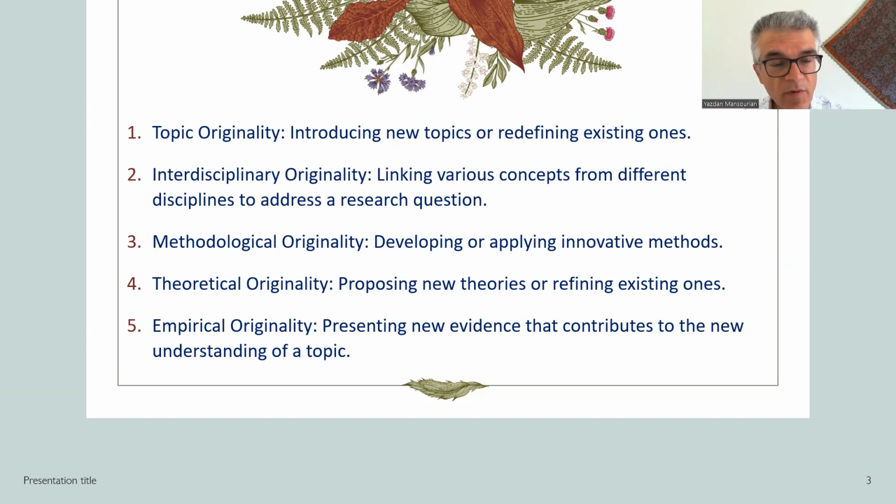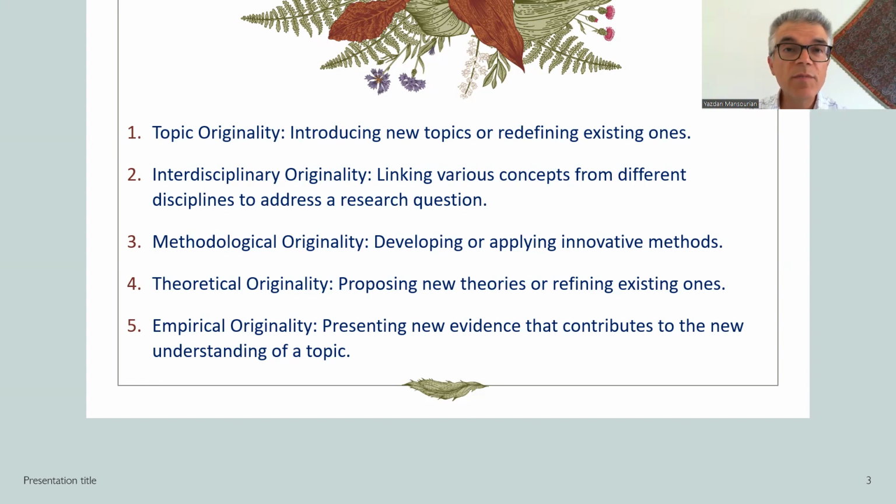The other type of originality is called empirical originality. When you present new evidence, when you have new data from a specific group of people, which is basically novel in your discipline, then the evidence that you present makes your research original.